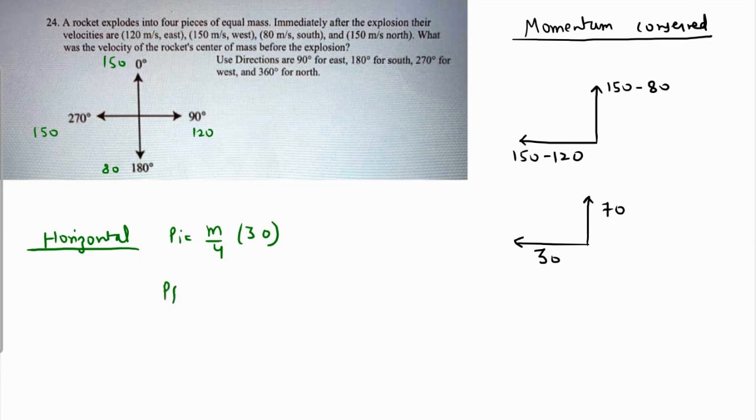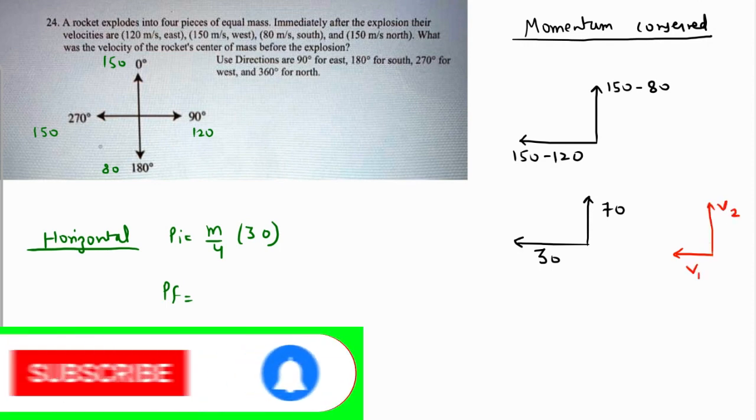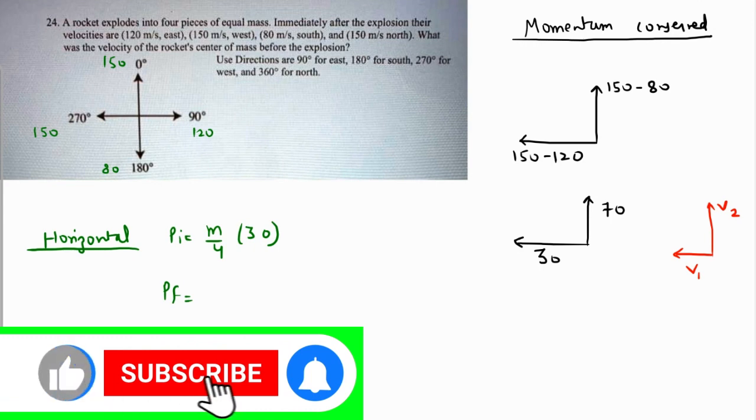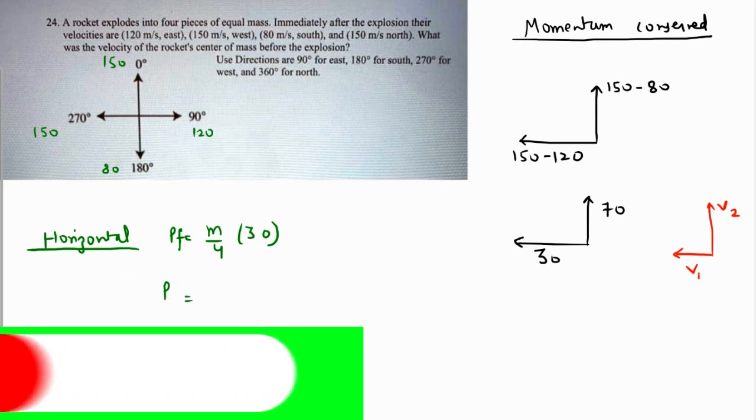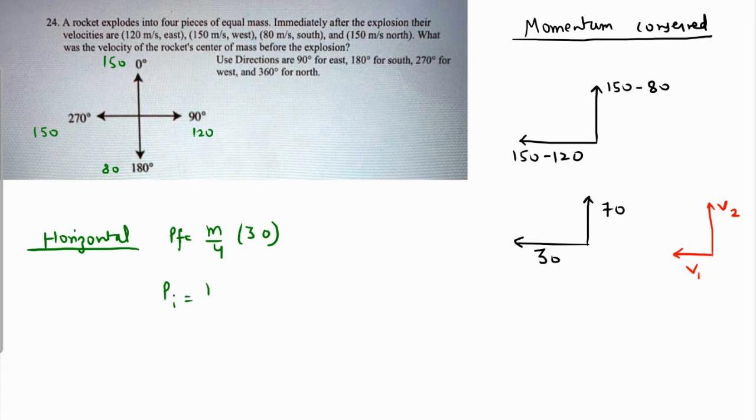And the initial momentum is going to be, we do not know the speed, so let's consider it as v1, and let's say this is v2. So the momentum before the explosion is going to be mv1, because it was a total mass m.